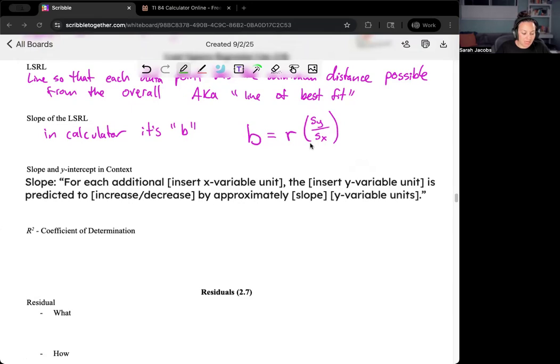There's many, many things in AP Stats where you have a lot of freedom to be creative. This is not one of them, because it's so easy to say something that sounds okay, but is not quite right. Similarly, the y-intercept, this one's a little more sensical.